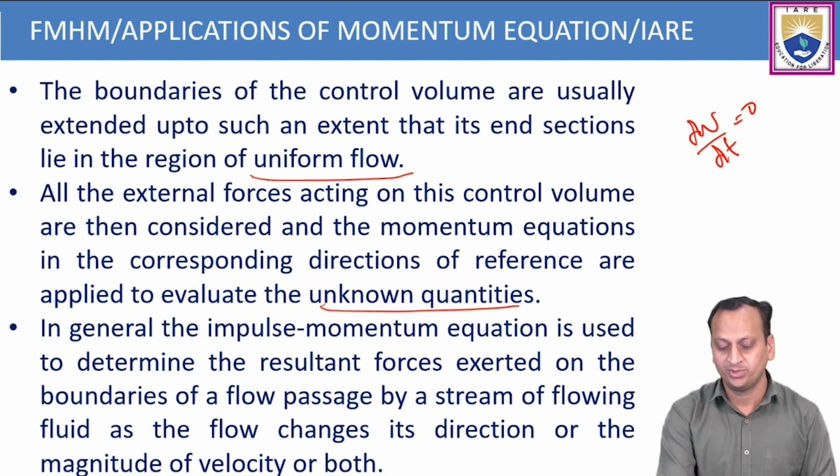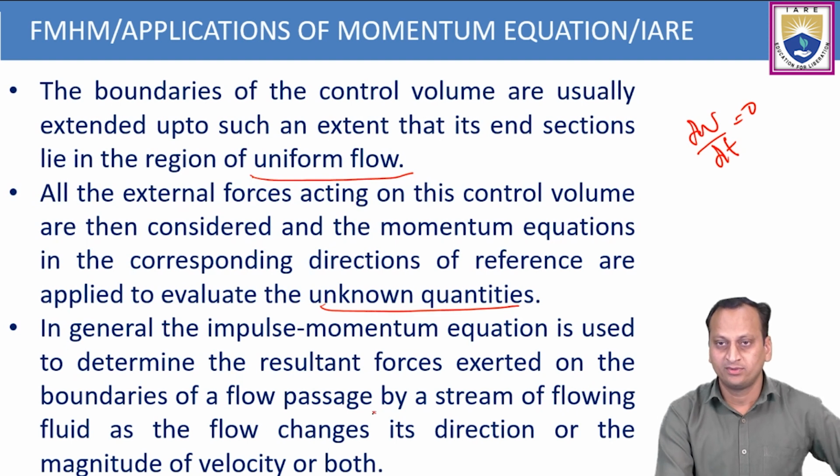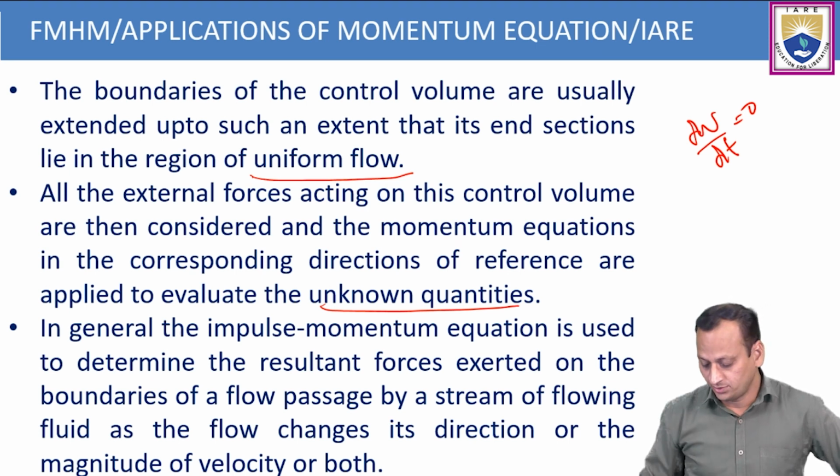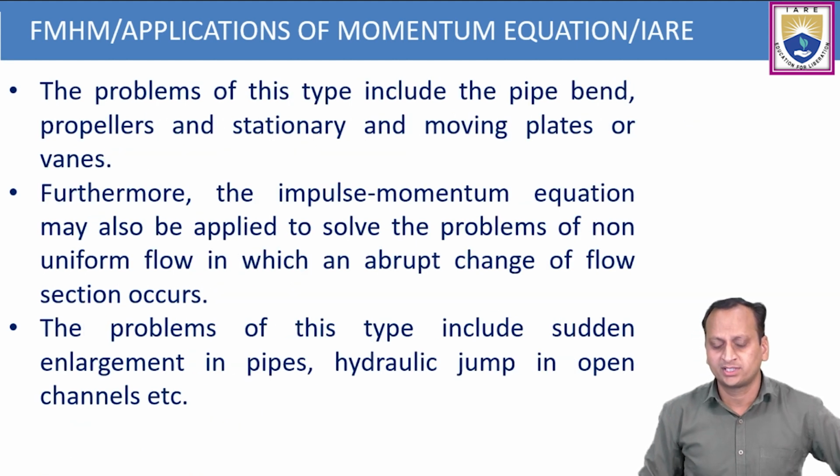In general, the impulse momentum equation is used to determine the resultant forces exerted on the boundaries of a flow passage by a stream of flowing fluid as the flow changes its direction or magnitude, or both. So both the magnitude and direction can be calculated.